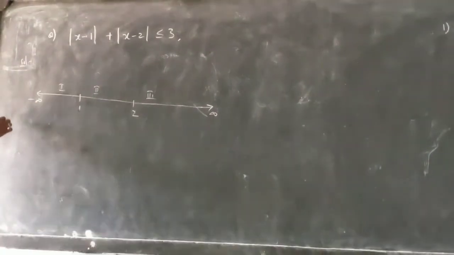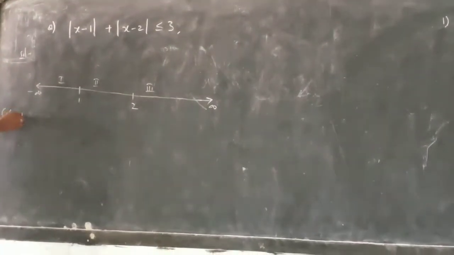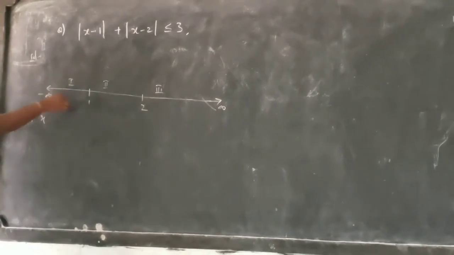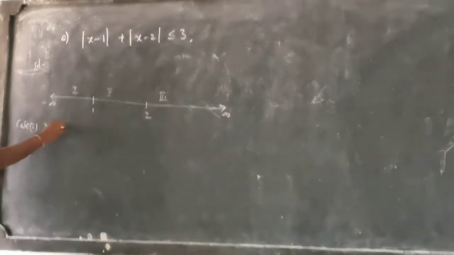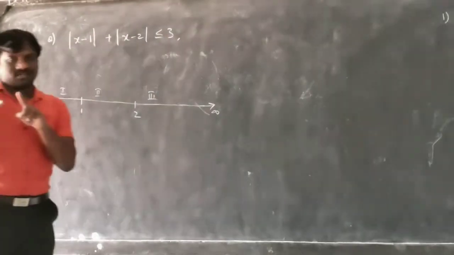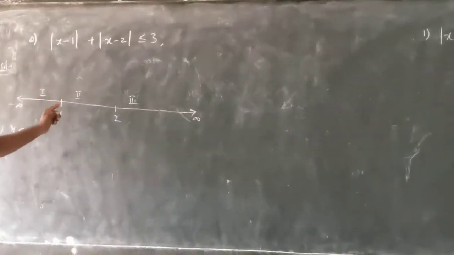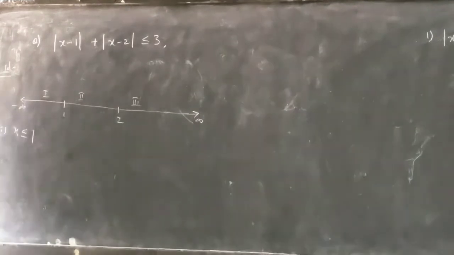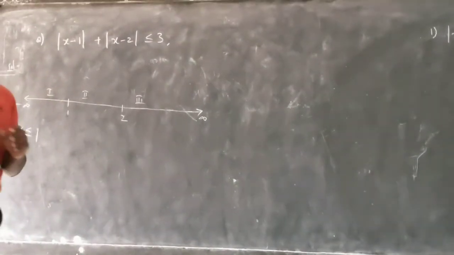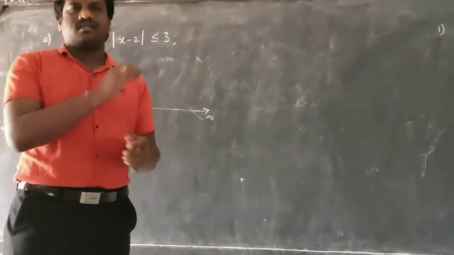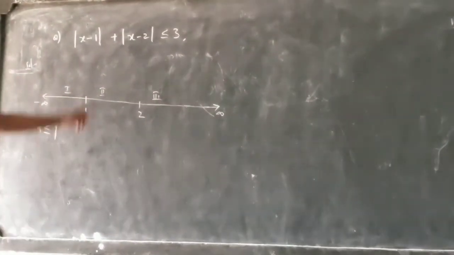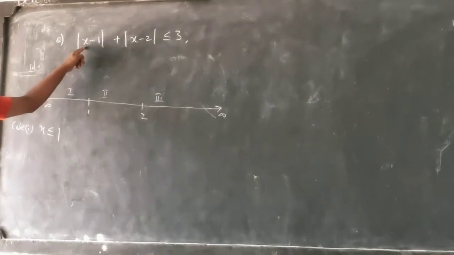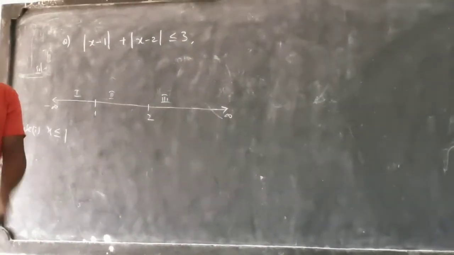Now we can take case 1 here. In case 1, x is less than 1, so we can write x less than or equal to 1. That is case 1. So you take any number less than 1, for example 0, and put it in the modulus. 0 minus 1 will be how much?